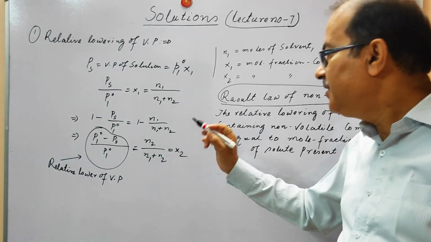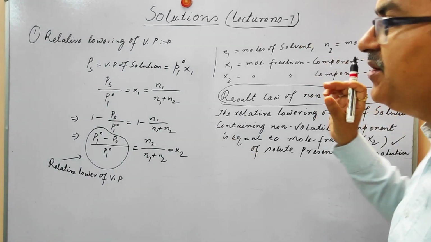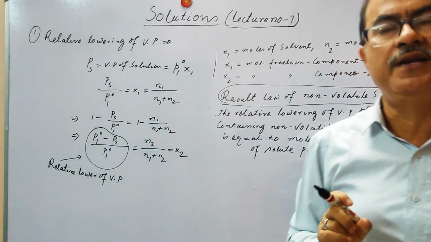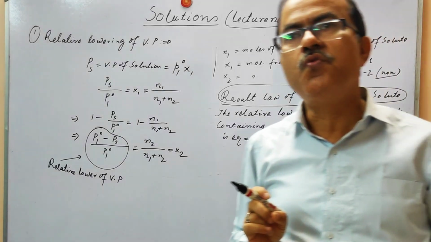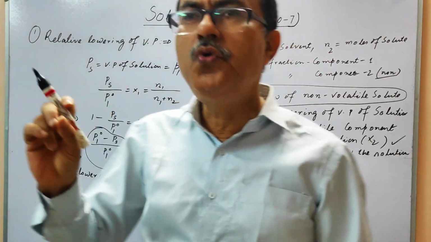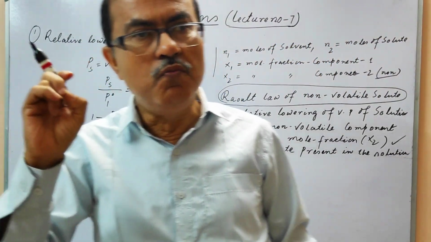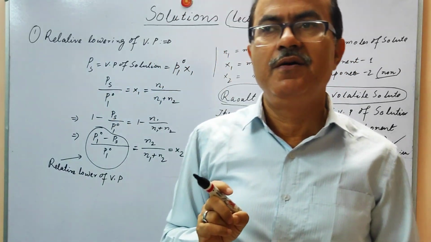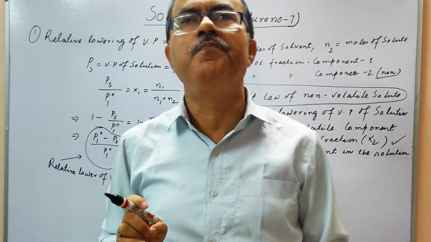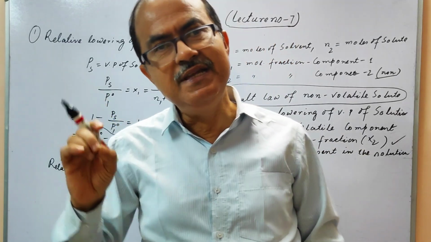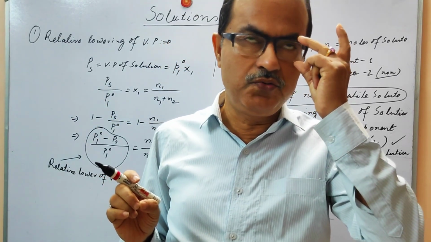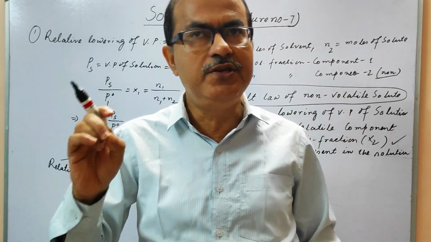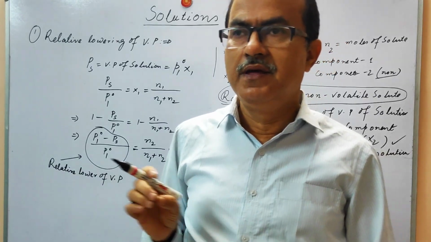So what is the utility of this law? Let us understand. Suppose we want to know the molar mass of any substance. That can be calculated indirectly with this experiment.